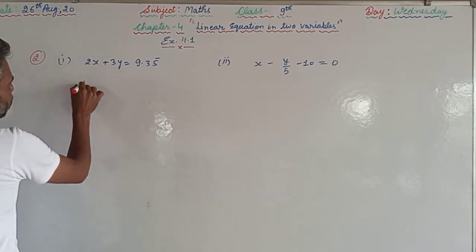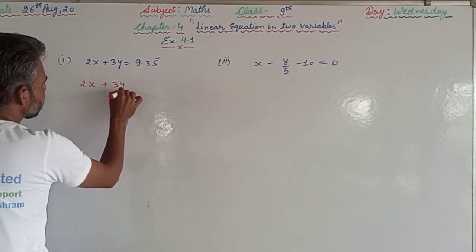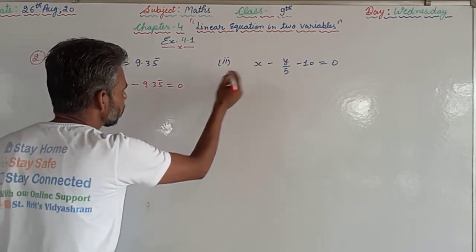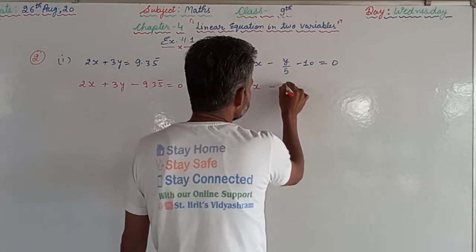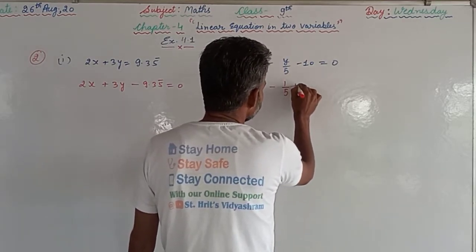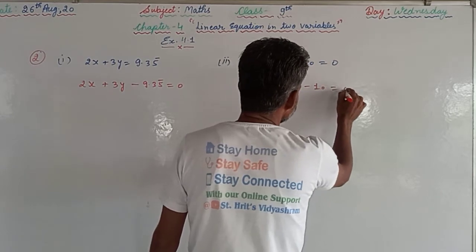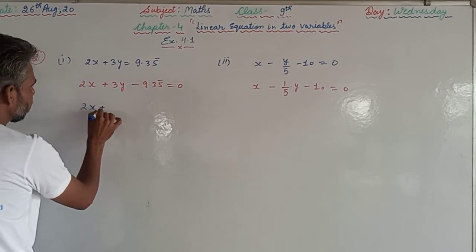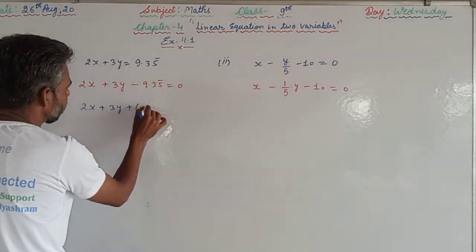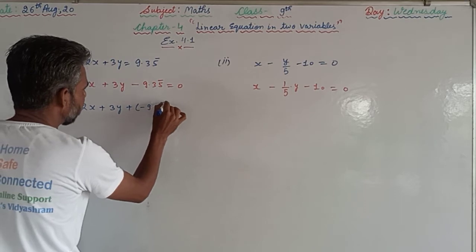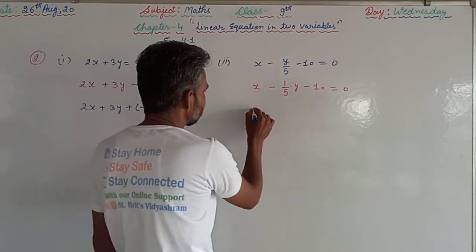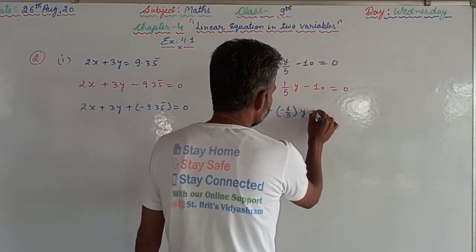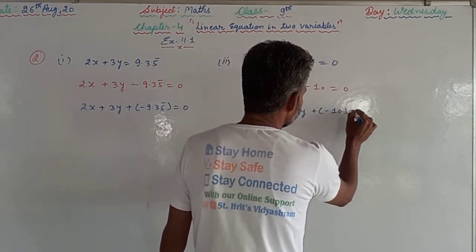So 2x is here and 3y is here, and this will become minus 9.35 bar is equal to 0. This will become x minus 1 upon 5 into y minus 10 is equal to 0. If we rewrite that, it will become 2x plus 3y plus minus 9.35 bar is equal to 0, and x plus minus 1 upon 5 into y plus minus 10 equal to 0.